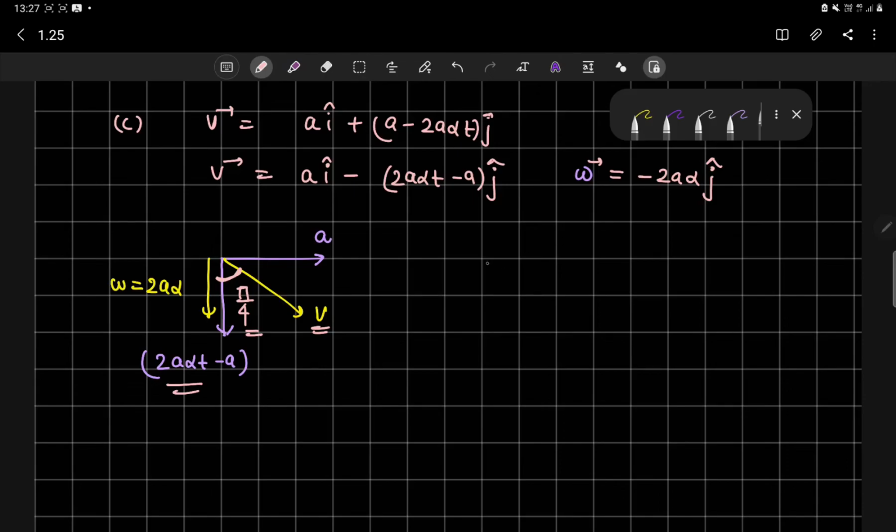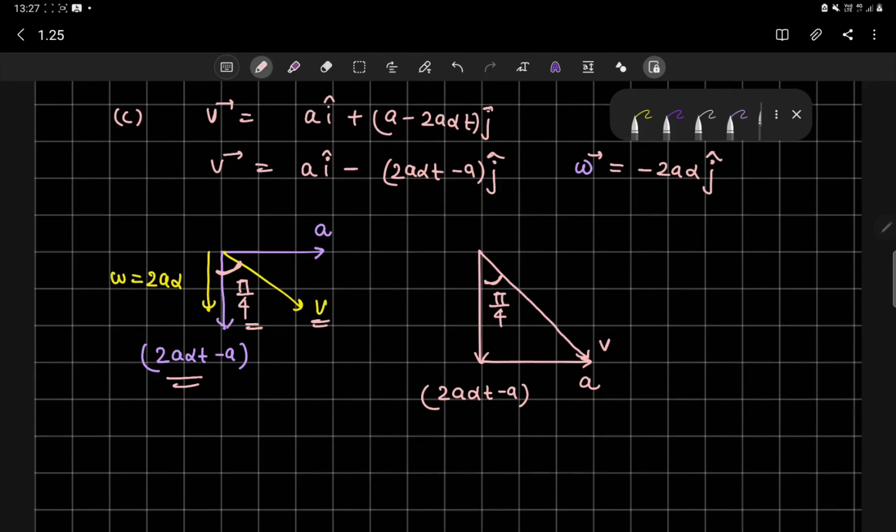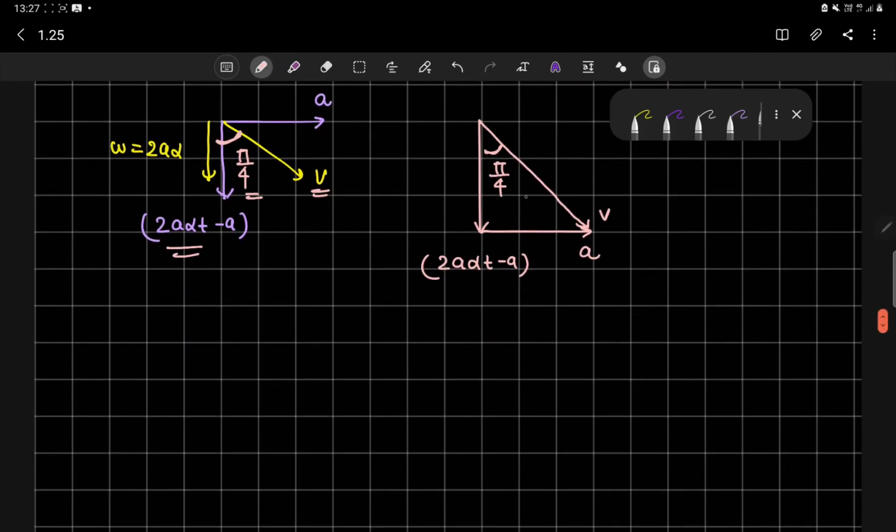So if we draw the vector diagram of the velocity, this is representing 2a alpha t minus a, this is a, and this is the resultant velocity vector, and this particular angle is pi by 4. So we can write from this triangle that tan pi by 4 is equal to a divided by (2a alpha t minus a). tan pi by 4 is 1, so 1 is equal to a divided by (2a alpha t minus a).